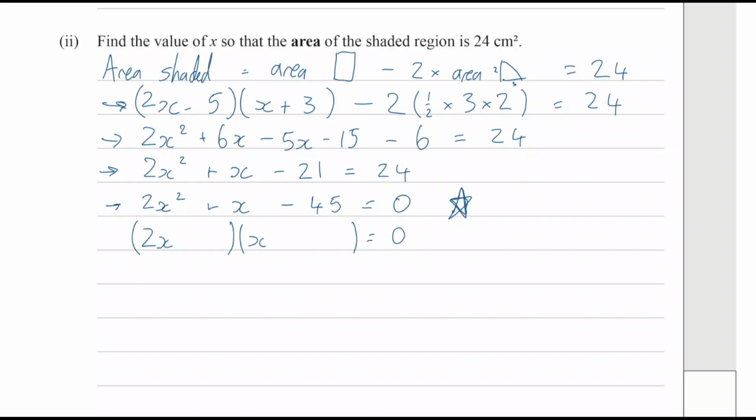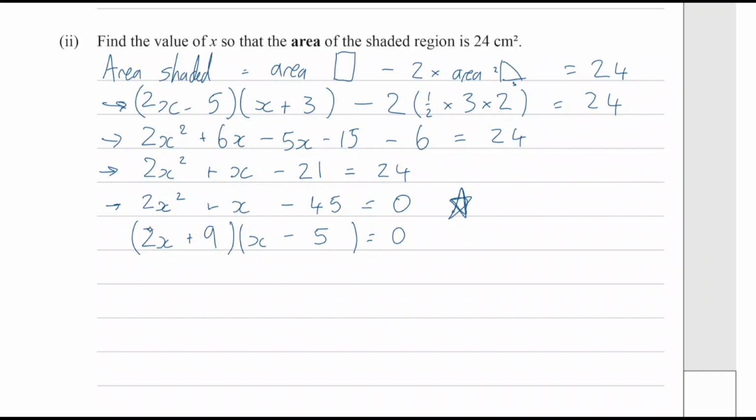So those are our factors. But to get negative 45, one of the factors needs to be negative. So we could try plus 9 minus 5. And to check that we're right, we need to then expand this out using FOIL and check that we get this quadratic. If we don't, we factorized it incorrectly.